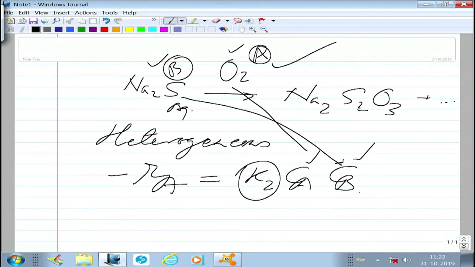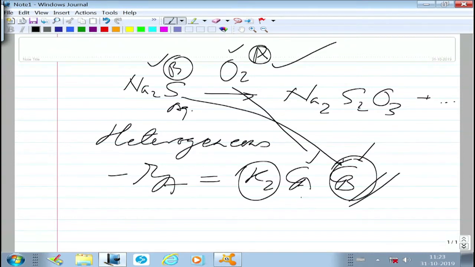One possibility is that we could consider sodium sulfide concentration Cb to be high enough so that any variation in the concentration of sodium sulfide during the ascent of one foam bubble from bottom to the top in its associated liquid films, if that is small, then we could treat Cb to be constant and club it with K2.